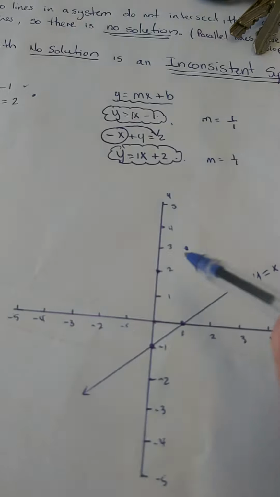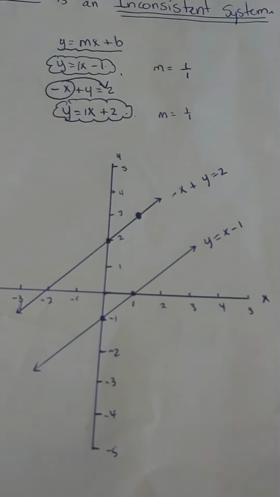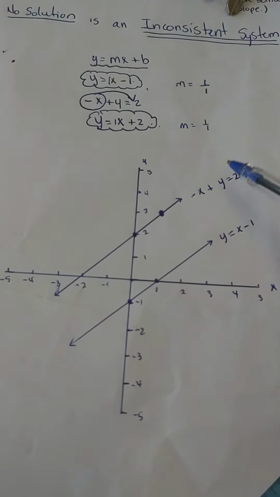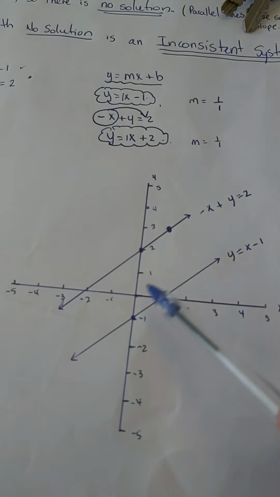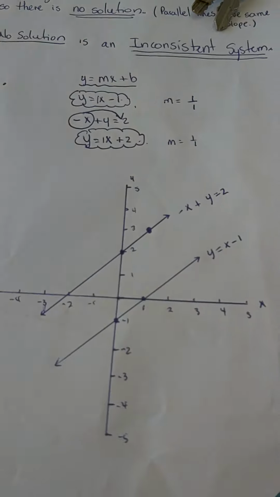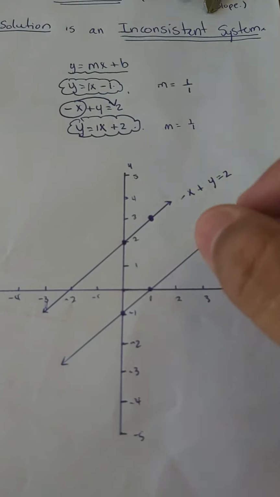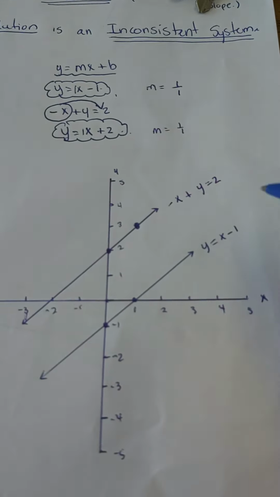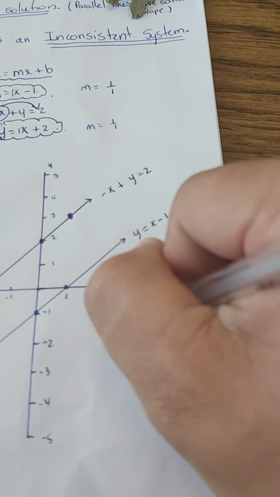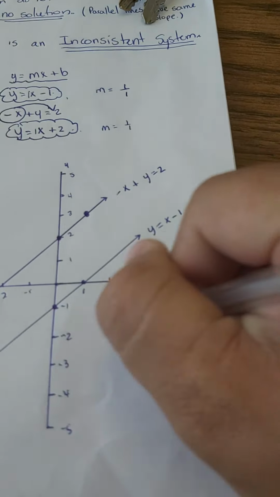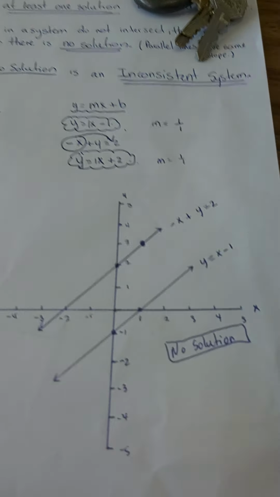Now that we have our two points, we graph the line. So here we have our second graph, and notice that the two lines are not going to intersect, so they are parallel lines. And since there is no intersection, then we know that there will be no solution. Okay?